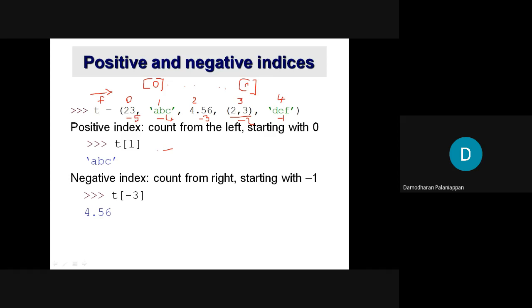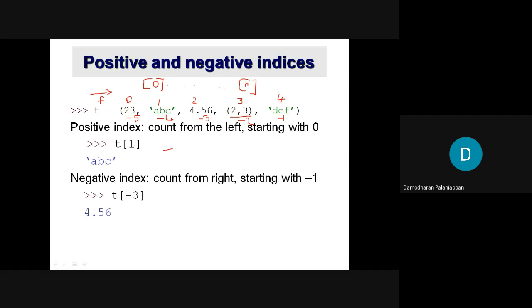You can see very clearly that a single tuple can be accessed in both ways. We can access from the forward side, so the index value starts from 0, 1, 2, 3 and so on. To access the tuple from the reverse side is also possible. The index value will start from -1, -2, -3, -4, and -5.